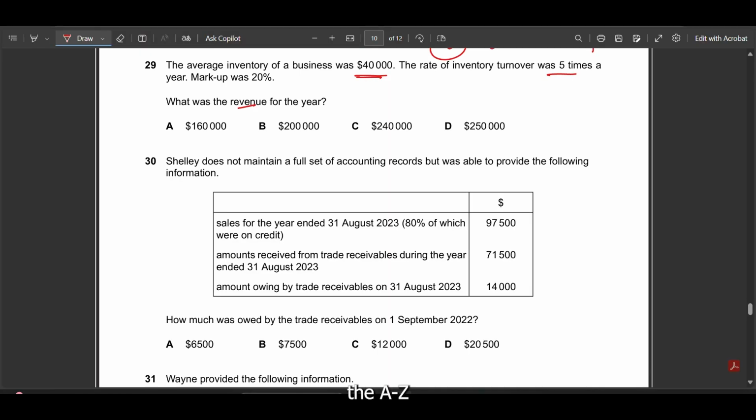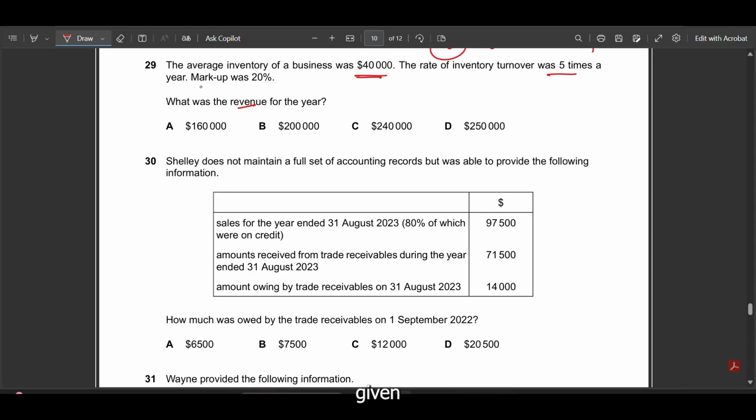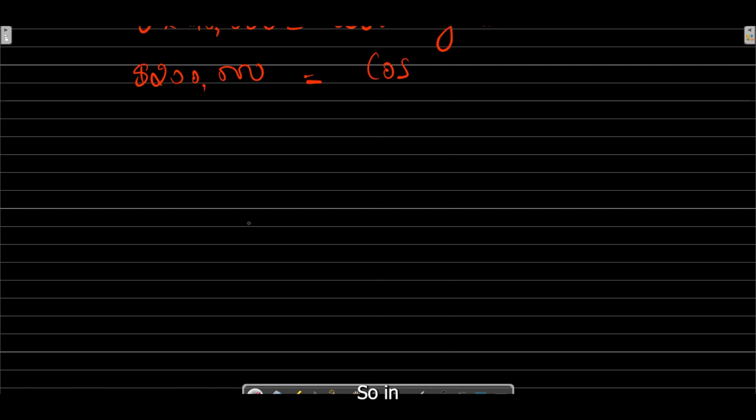Now they are saying markup was 20%. Just understand this thing between markup and margin. Here they have given us markup. Markup is nothing but the percentage of gross profit over my cost of sales. Revenue is what we have to find out.